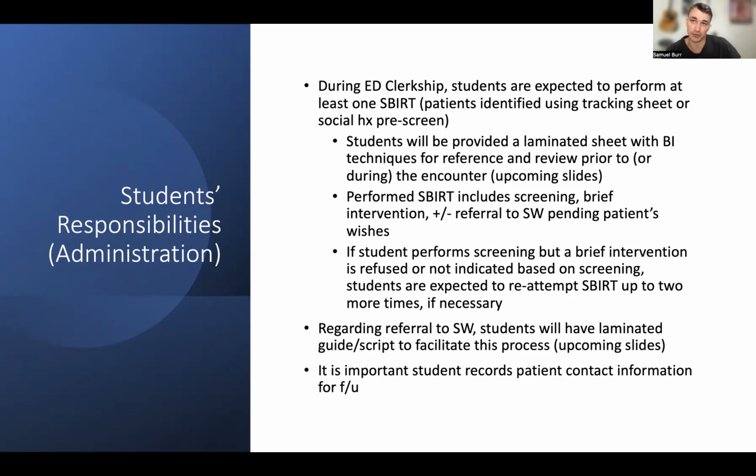That'll include motivational interviewing tactics and strategies, a flow they can try to use for inspiration, if nothing else. It'll have the audit pyramid and the readiness ruler as well. In addition, they'll have a script walking them through how to perform that referral to social work. So they'll have something to lean on, so they don't feel totally lost and attempting to do this completely from memory.